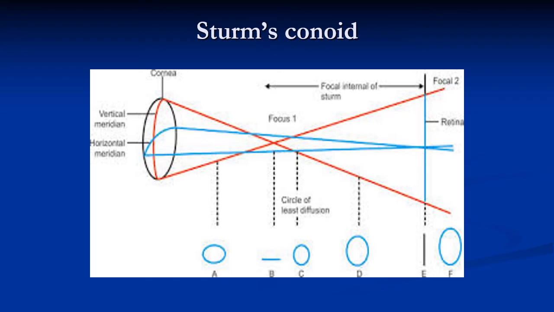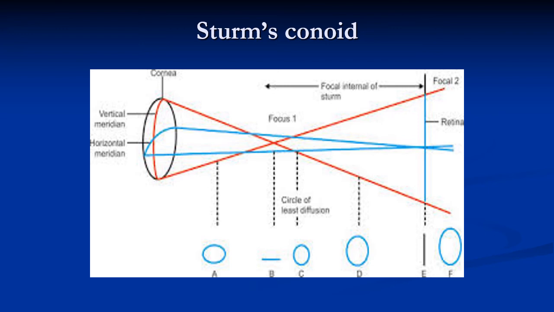Then we will see a part that is called Sturm's conoid. This can be asked for your short note. We have seen that refraction of light takes place at surfaces. So in the cornea you have a vertical as well as a horizontal meridian. The light can travel through all the degrees, or you can say 360 meridians.